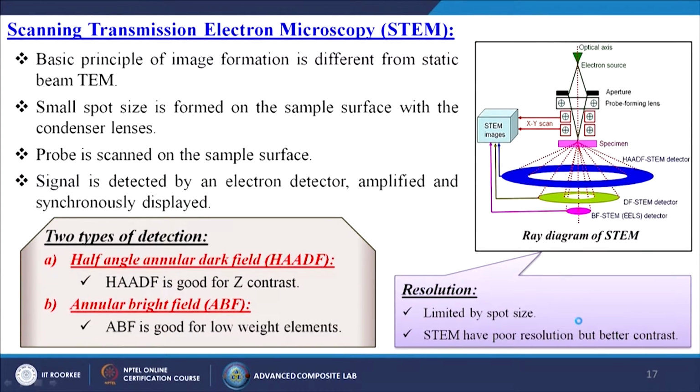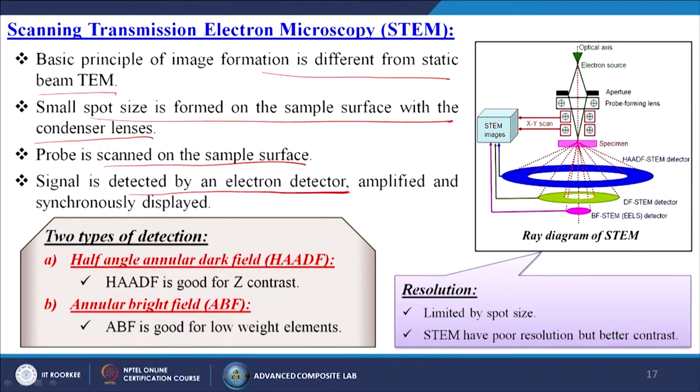Next, scanning transmission electron microscopy, or maybe it is known as STEM. The basic principle of image formation is different from static beam TEM. A small spot size is formed on the sample surface with the condenser lenses. The probe is scanned on the sample surface. The signal is detected by an electron detector, amplified and synchronously displayed. Generally we do these detections by two types.